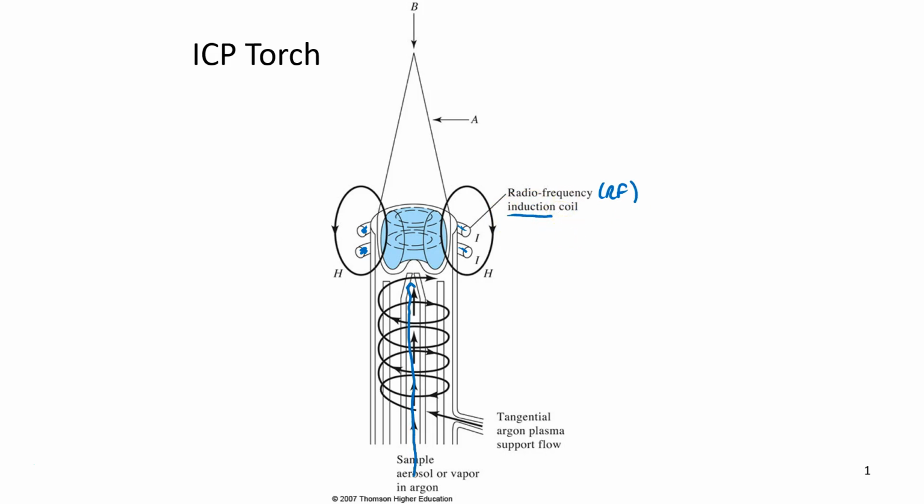What I have never said yet is that there's going to be a current that flows through these coils, and the current oscillates at radio frequency at either this or this frequency at this power, but you don't need to remember any of this. What I want to do on the next slide is try to understand inductance.